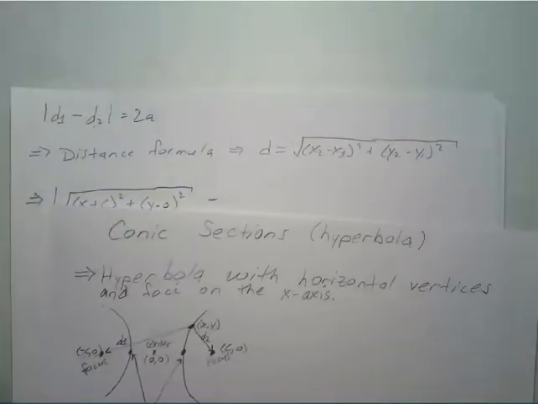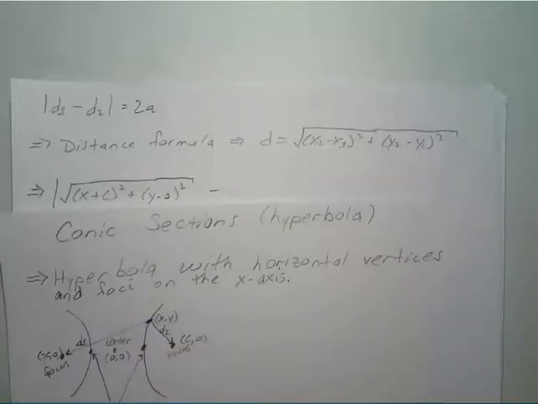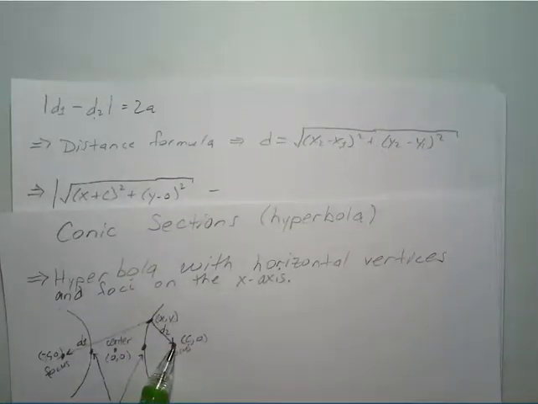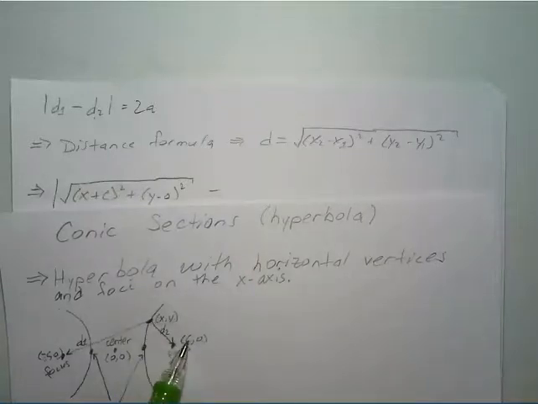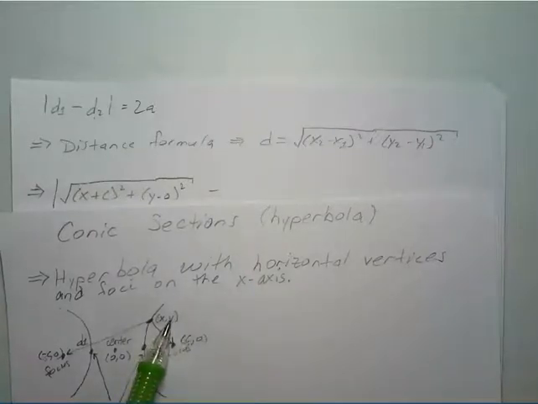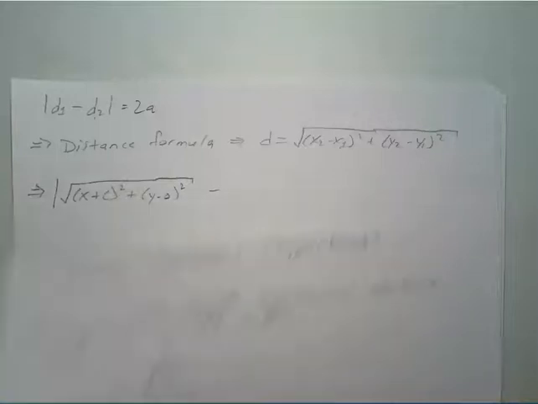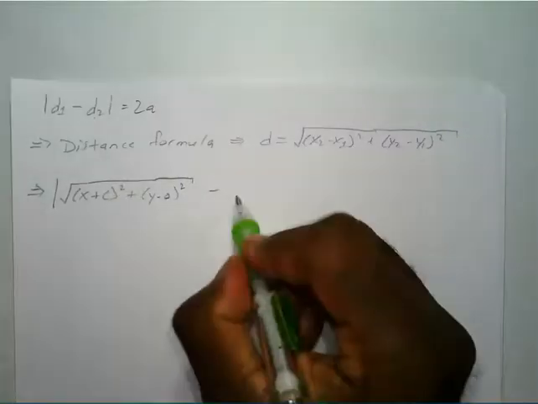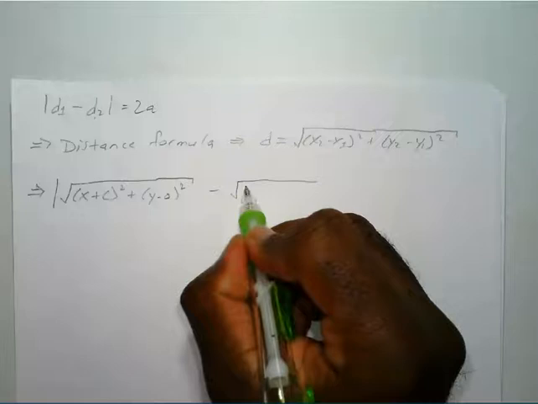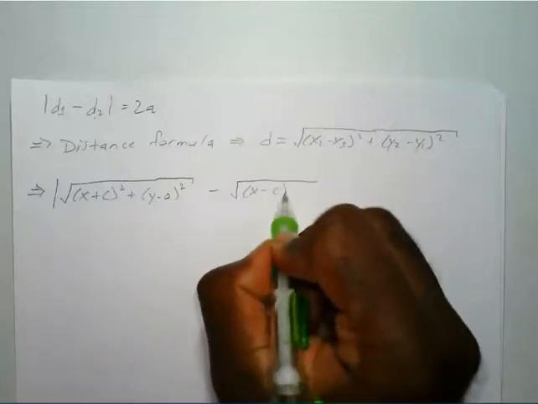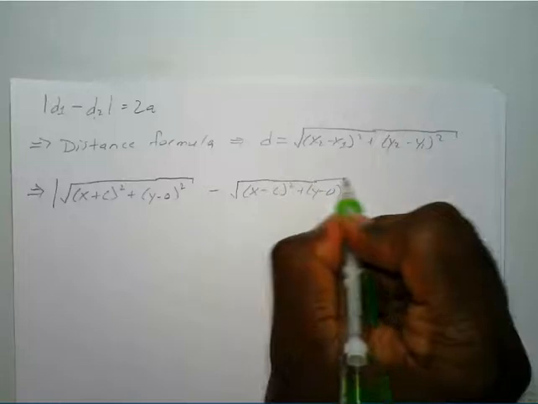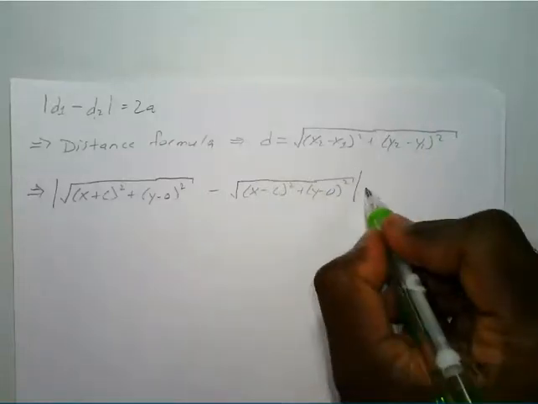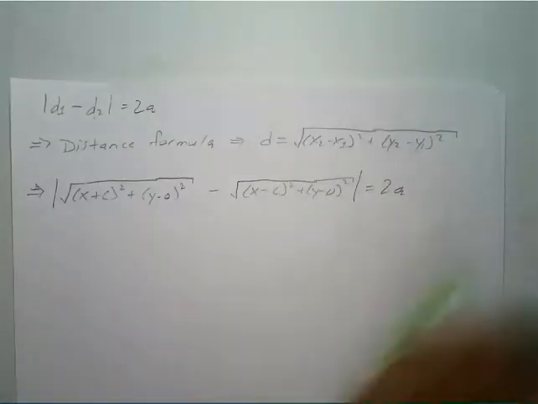Our second distance, if you notice on that first page, goes from (x, y) to the other focus, which is (c, 0). So you have x minus c, and y minus 0. That's the square root of (x minus c) squared plus (y minus 0) squared. And the absolute value of that difference is going to equal 2a.